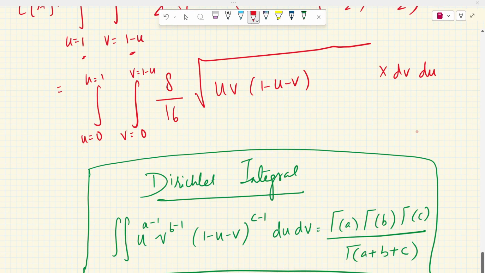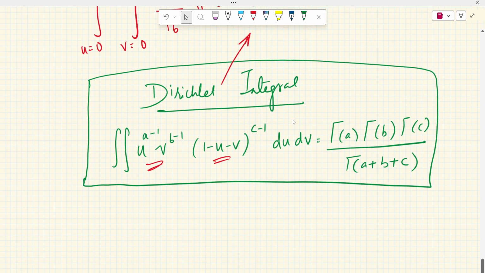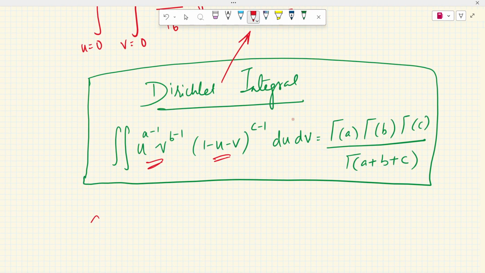So this expression right here is a textbook example of a Dirichlet integral. Notice the terms, they match one for one exactly with this. So I think we are going to use this to solve. For all the three, a, b and c, we have a minus 1 equals 1/2, b minus 1 is also 1/2, and c minus 1 is also 1/2.